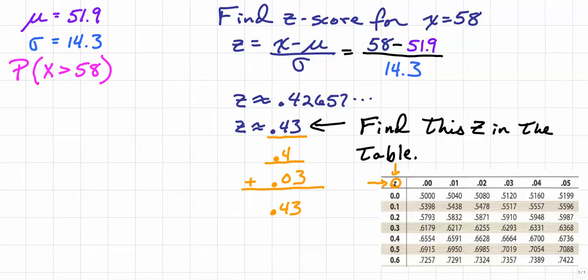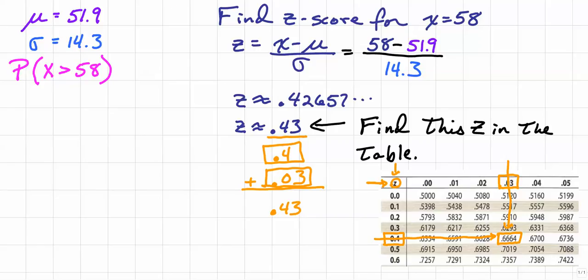This 0.4 part that I'm putting in a rectangle is going to be in this first column, right here. Then we're going to look for the 0.03, which is across the top row, right here. And then we find where this row and column intersect, which is right here. So when z is equal to 0.43, the area under the curve is equivalent to 0.6664.